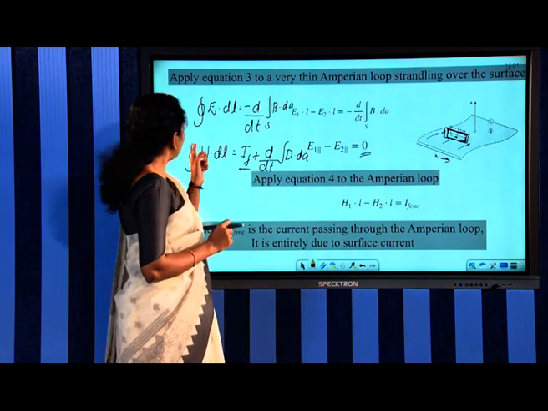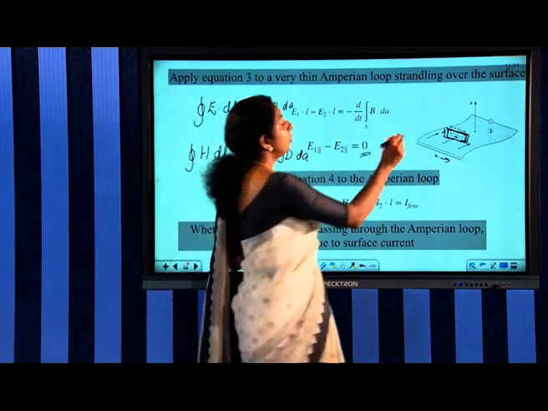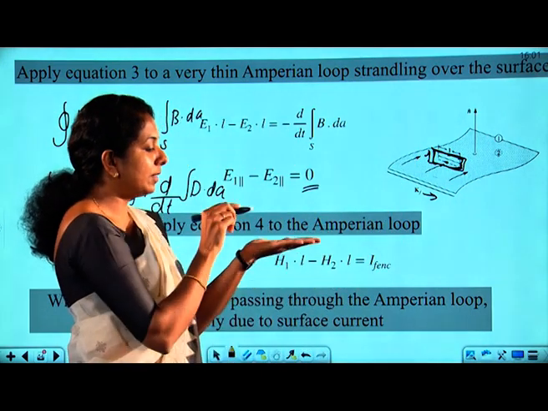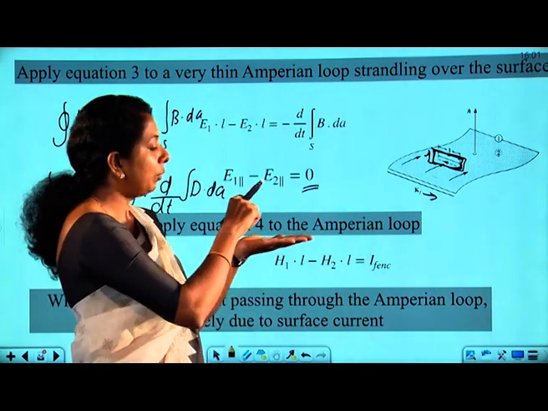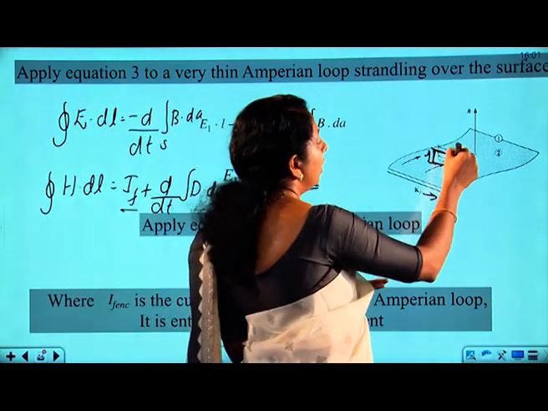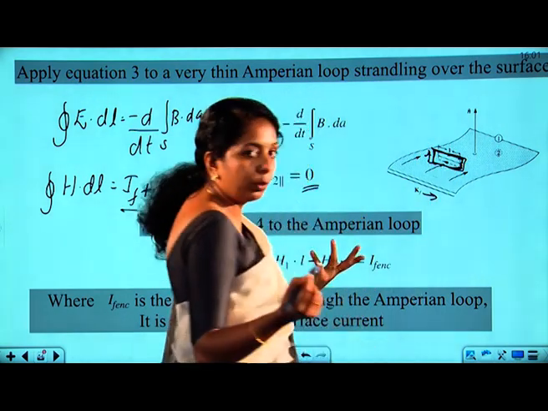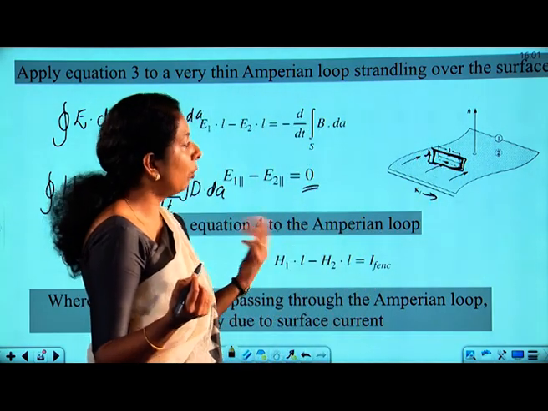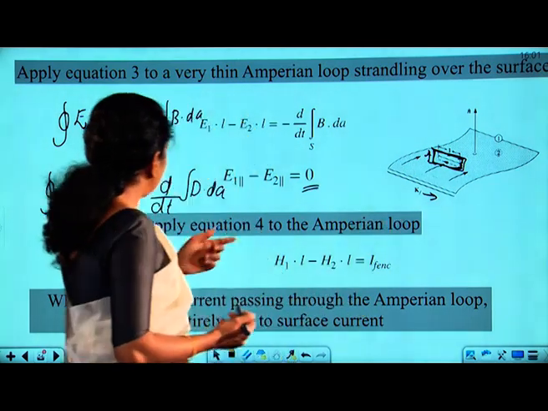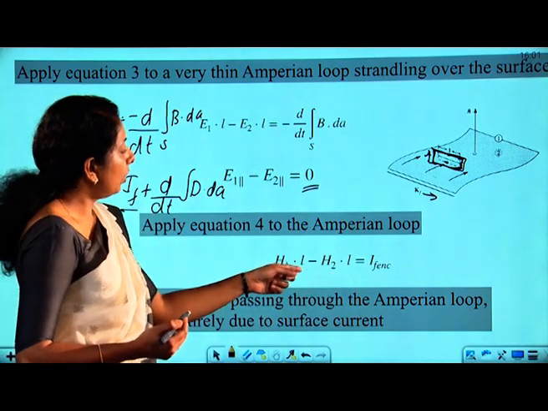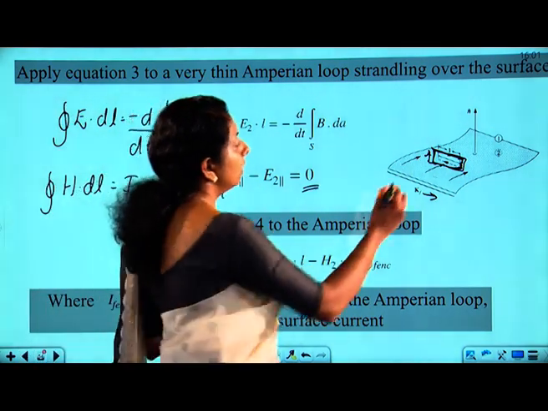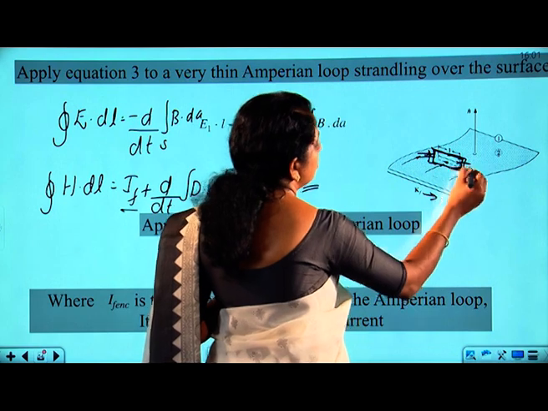We are integrating over a closed loop, so we have to move through this loop. This is the plane sheet and this is the Amperian loop. So, we have to integrate over the length. First we are integrating on the upside, and this side will not contribute because the width of the loop goes to 0, but downward it will contribute. So, here we can write it as H1 dot L minus H2 dot L is equal to I_f enclosed. Here there is no contribution from these two sides.